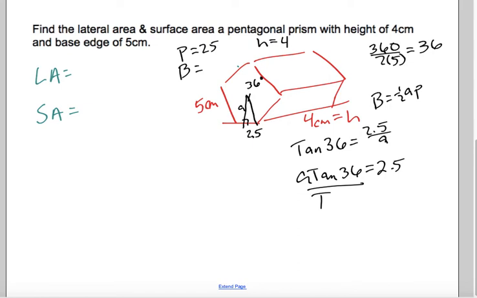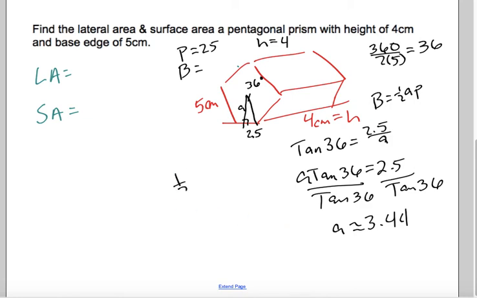So I'm going to divide by tangent 36. Make sure you're in degree mode. 2.5 divided by tangent 36 should get about 3.44. 3.44095, whatever. So my apothem, about 3.44.